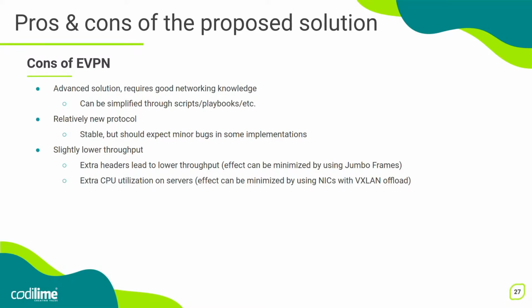All right, and if we are using VXLAN for tunneling traffic over layer 3, then we should expect slightly lower throughput. This is because we've got some extra headers, extra UDP and VXLAN headers in which we encapsulate layer 2 frames. So it means that the throughput will be a little bit lower.